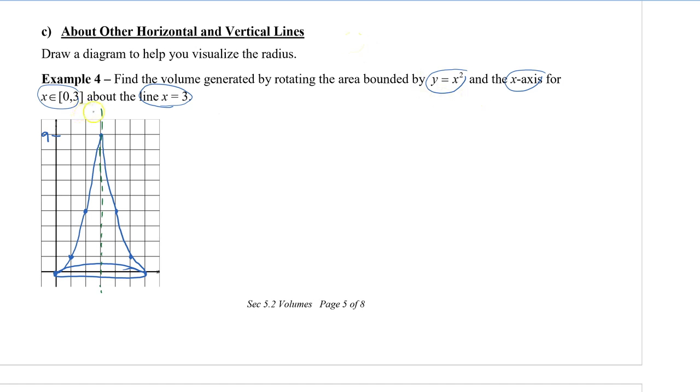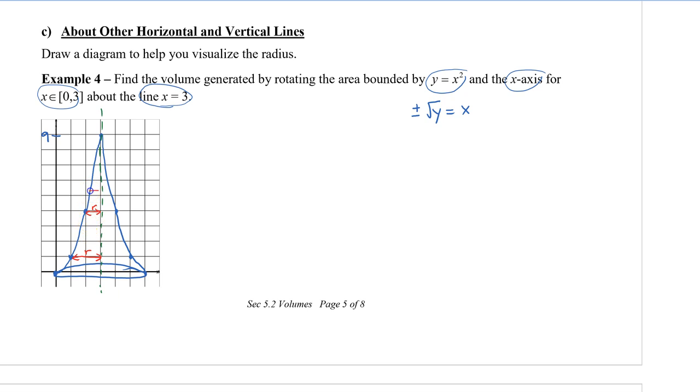Now, if we take a look and compare this to what we've done before, this axis is parallel to the y-axis. So therefore, I need to write my function in terms of y. So I'm going to rewrite this as plus or minus root y equal to x. Now, if you look at this drawing here, the radius is from here to here.